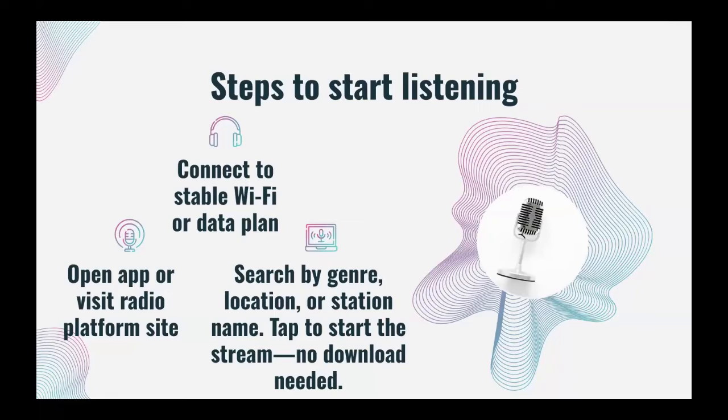Next, you want to open an application, for example, Spotify or Amazon Music. If you're looking for something different, you can go to the previous slide and just take a look at some of the other examples. And once you've visited the radio or platform site, you can search by genre, location, or station name. Then you click on whatever search you're happy with to start the stream.